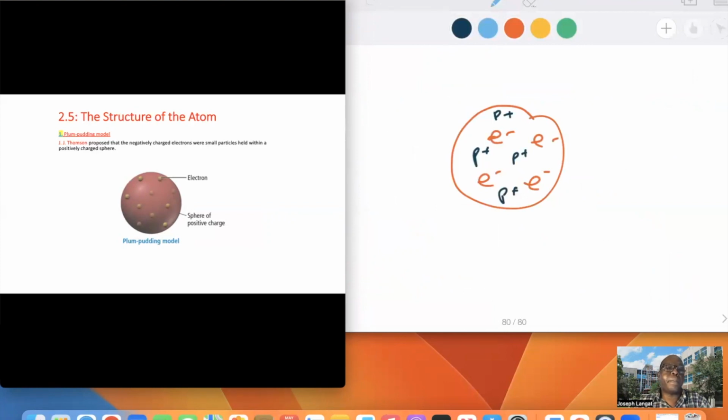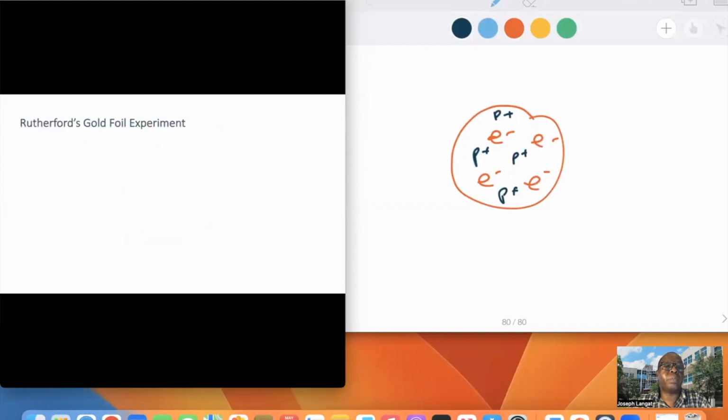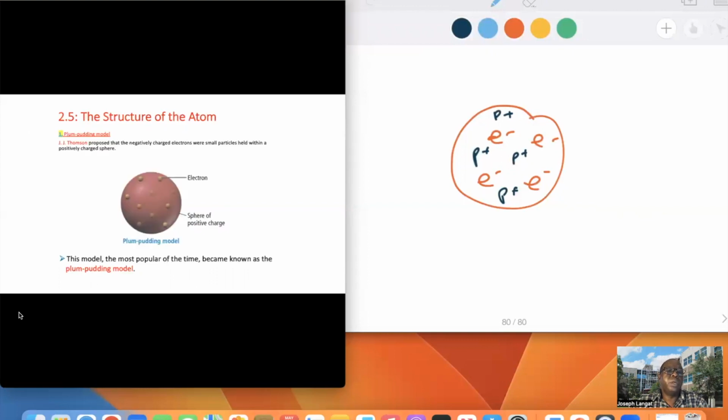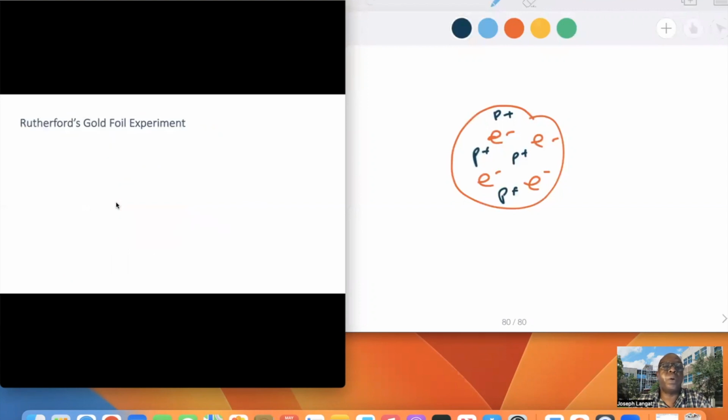This is the Plum-Pudding model represented by the sphere. This became the most popular model of the time, known as the Plum-Pudding model. I've seen a question asking who is credited for this model. The correct answer is J.J. Thomson, if you see it in an exam or a quiz.